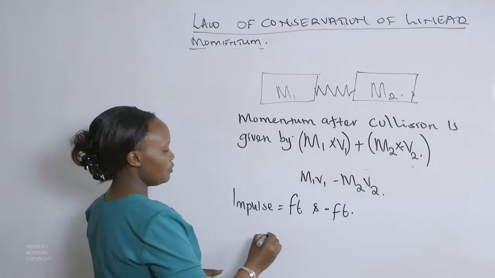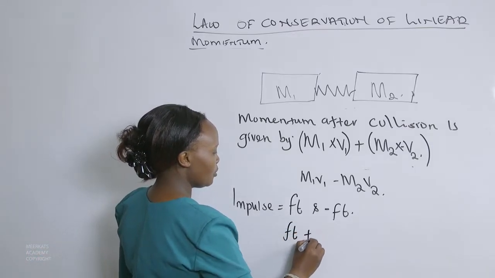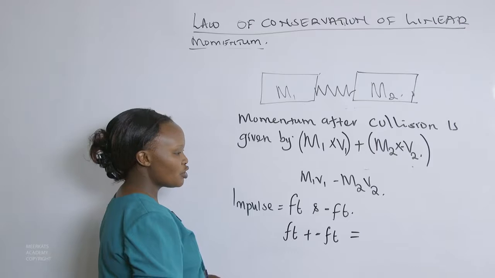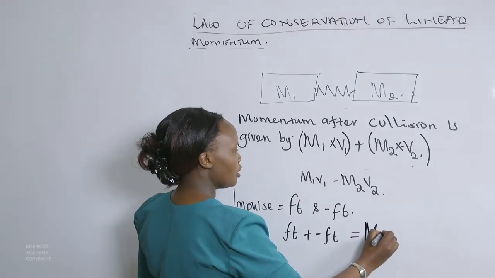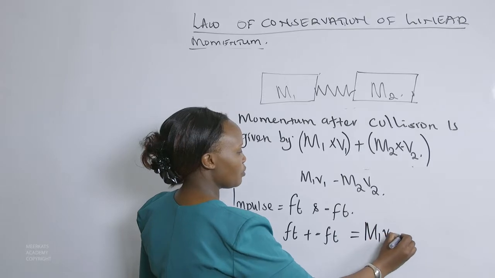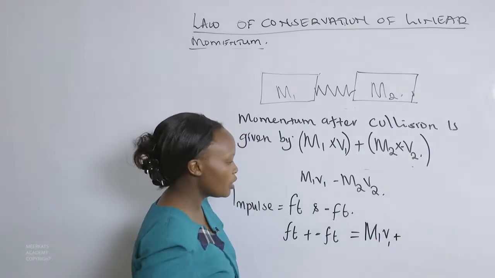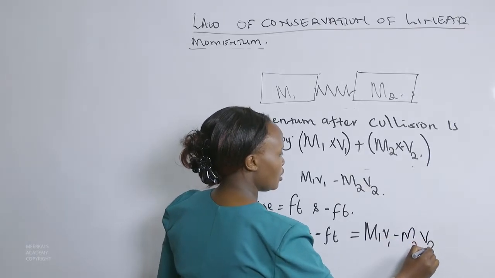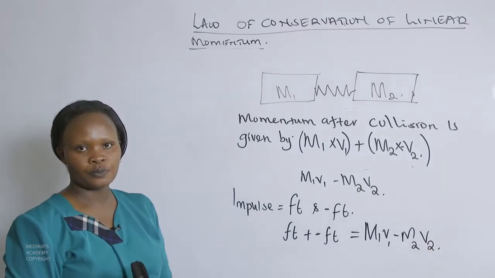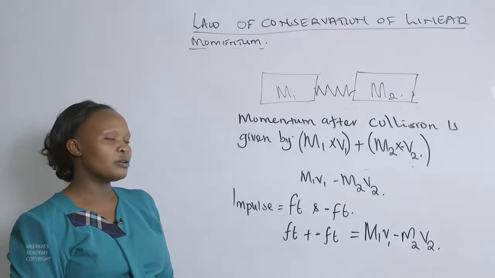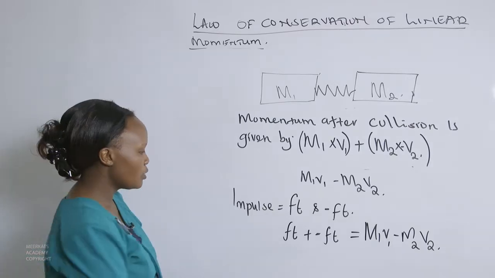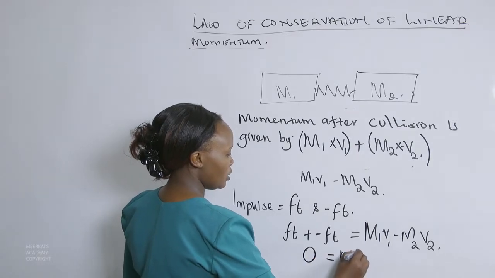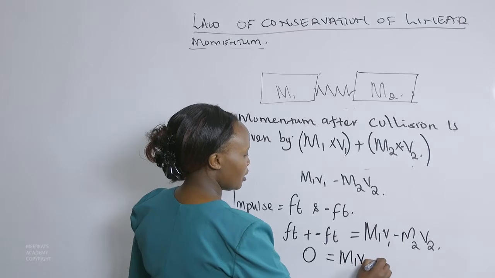Therefore, if we add the impulse plus negative of Ft, it is supposed to give us the change in momentum, which is m1 v1, and this one we subtract m2 v2. Now, we resolve the left hand side so that we get 0 being equal to m1 v1 minus m2 v2.